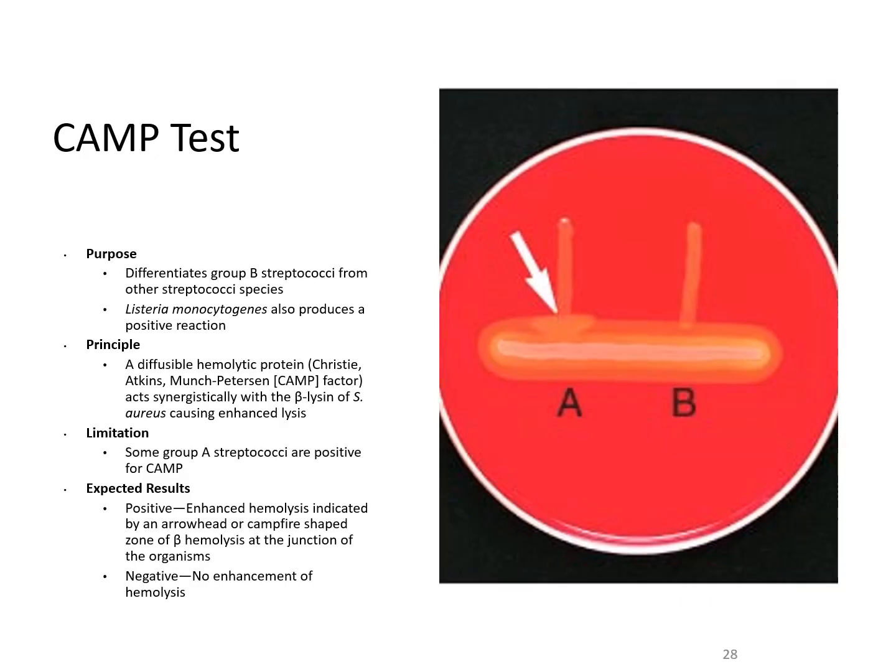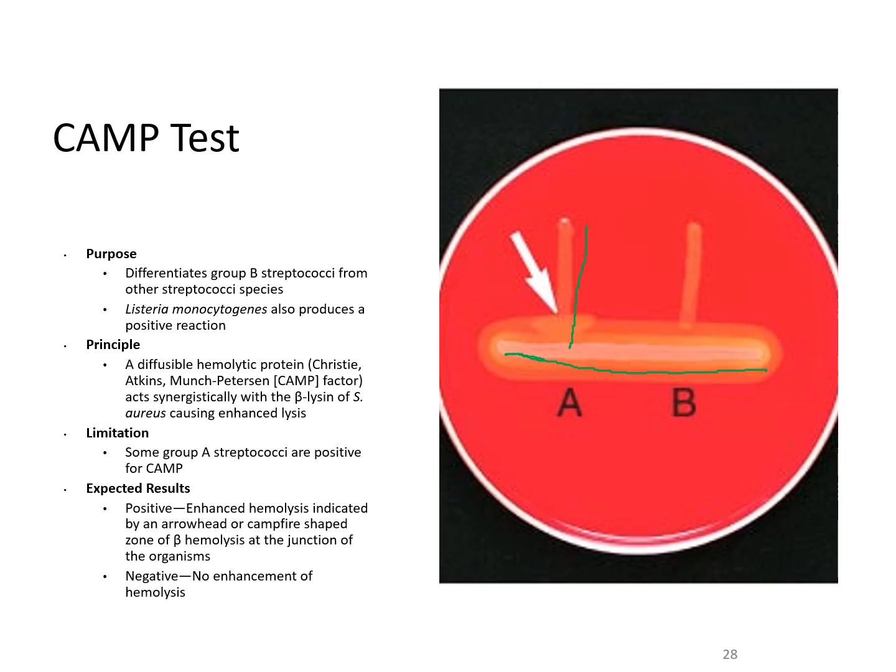So with our CAMP test, what you do is you take an organism that has a beta lysin in it, and so with this our organism would be something like Staph aureus. You streak that organism down the center of the plate, and then our organism that we're testing for the CAMP test, we would streak it perpendicular up against that Staph aureus streak.